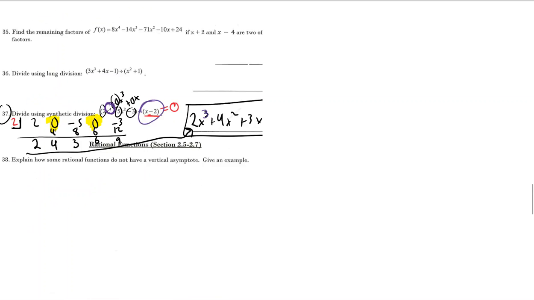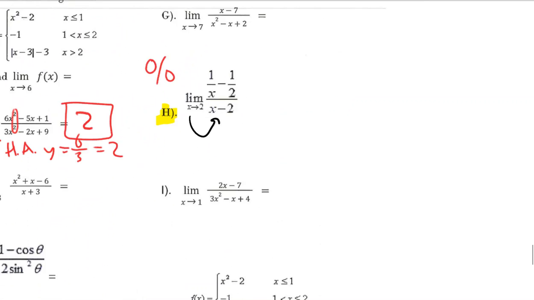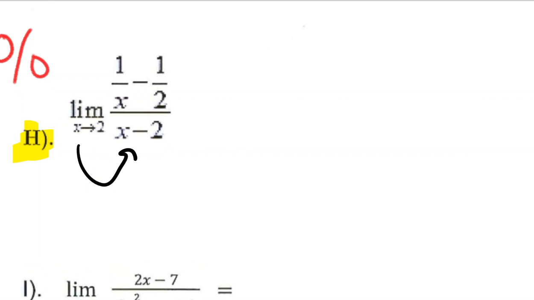But in this particular one, this is a complex fraction. We have smaller fractions within a bigger fraction, and we need to know how to deal with those for a number of different reasons anyway. I would really love to multiply this by 2 because it makes this smaller fraction go away, but you can't do that unless you're willing to multiply everything by 2.